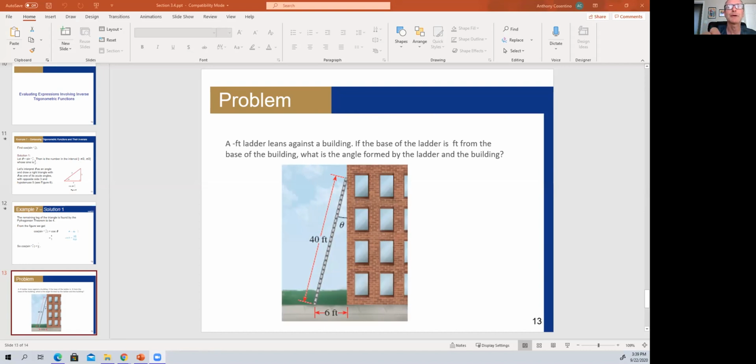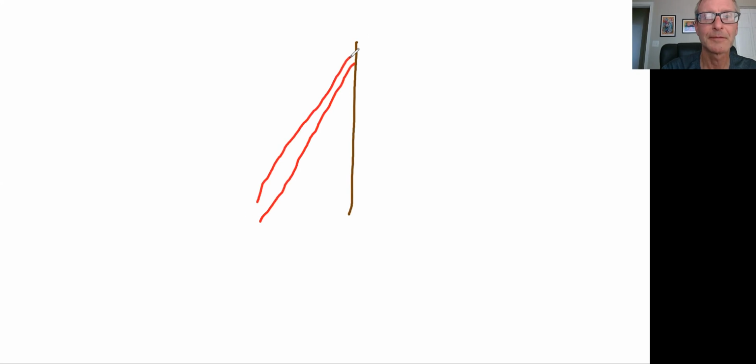To do this calculation, we definitely are going to use the inverse. So let me pick brown because we have a building here. There's our building, and the ladder's in red, sticking right here. And this angle here is theta.